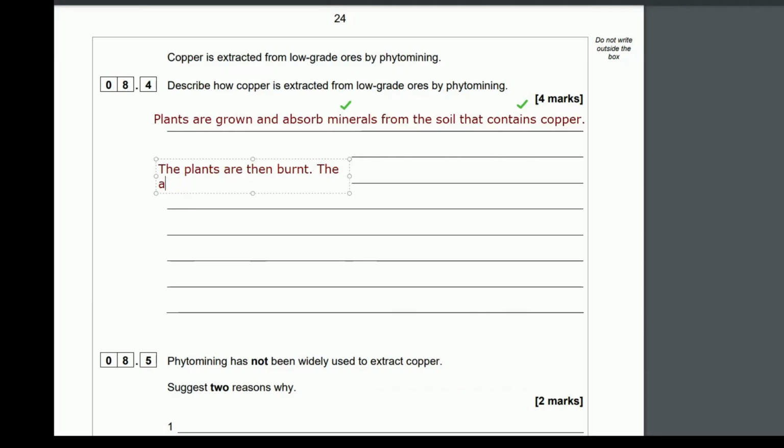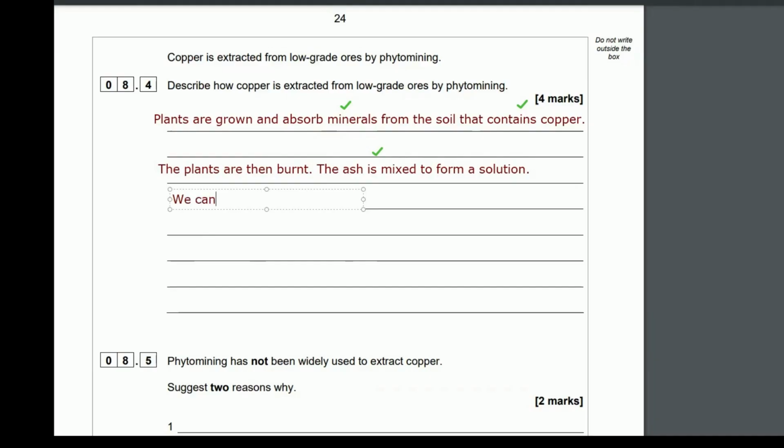The ash is mixed to form a solution. Now, there's two ways we can get the metal out of the ash. So you're going to get a mark for saying the plants are burnt or they're turned into ash, and the copper is now in that ash. How are we going to extract the copper?